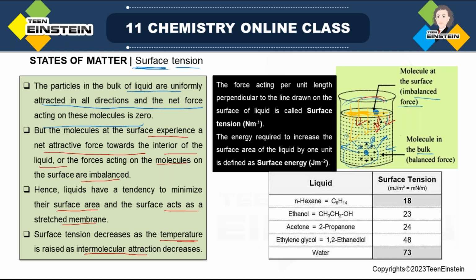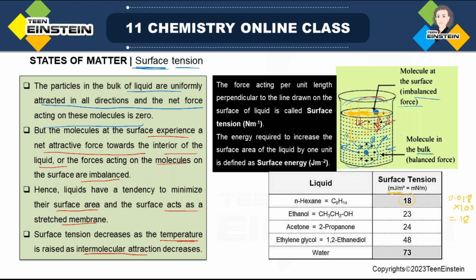Here we can see some surface tension values. Look at the unit: it is millijoule per meter square. If you say simply joule, the value you see here, 18, would be 0.018. But in terms of millijoule, you multiply by 10^3 and get a figure that is easy to handle, with no decimal.